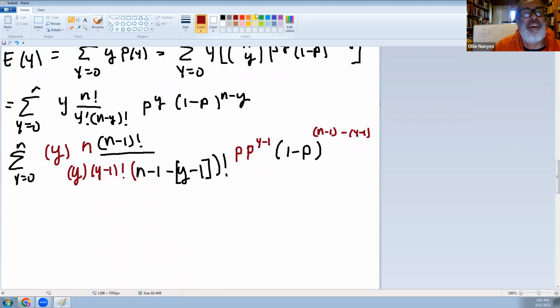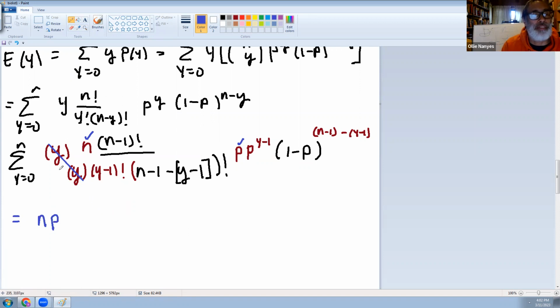I'll use a blue slash here. I'm going to cancel these, right? And the n and the p, which occur with every single factor, I can factor out. So I now have an np.